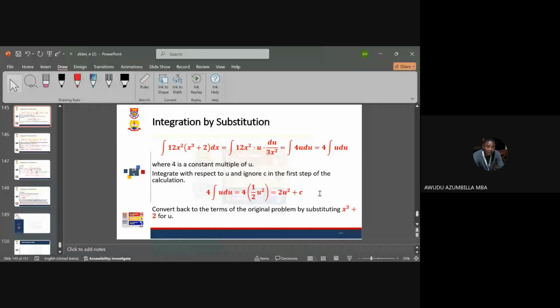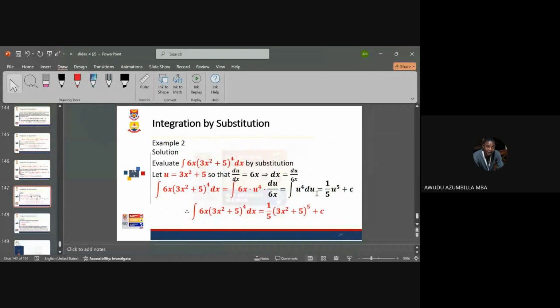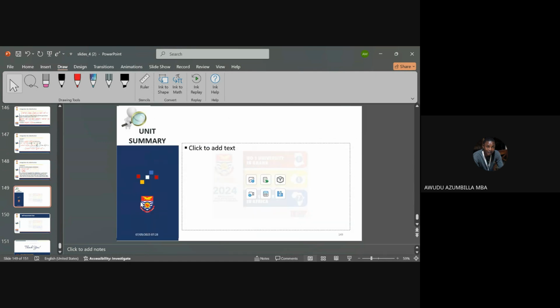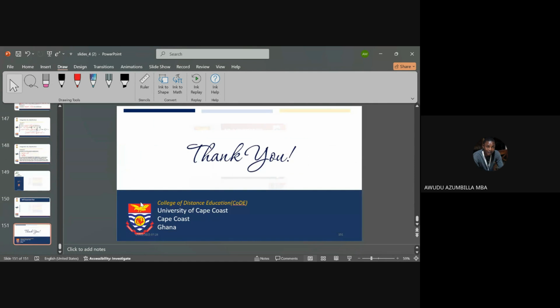Okay. So yes, that is it. So these are the examples that I'm saying. When you go, you can try to integrate them, you can decide to use integration by parts or substitution to see if you can solve them. Please try and solve it. If you are finding difficulties, then you let me know.